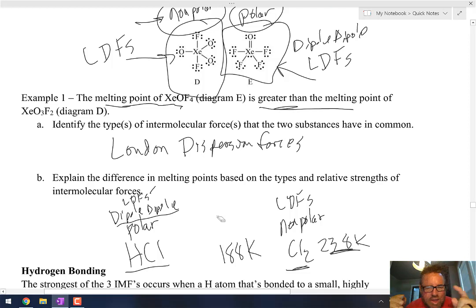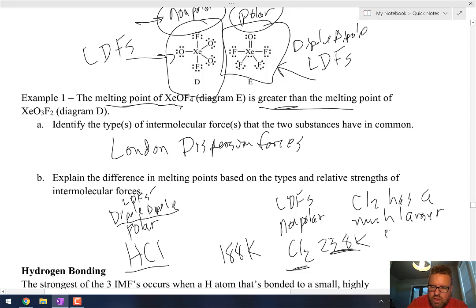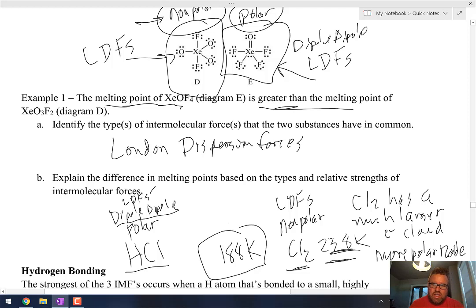The LDFs in Cl2 must be way, way stronger than the LDFs in HCl because Cl2 has a much larger electron cloud and is therefore more polarizable, okay, resulting in clearly a higher boiling point than HCl.